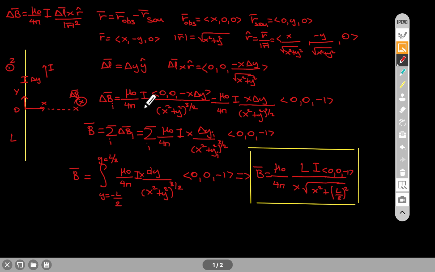So long as you have the length L and your observation location is at the midpoint of the current carrying wire, you can use this expression. Now, I will show you in a different video, you can make some assumptions about the length of the wire, and also the distance from the observation location to simplify this. But this is valid without making any assumptions for L and X.